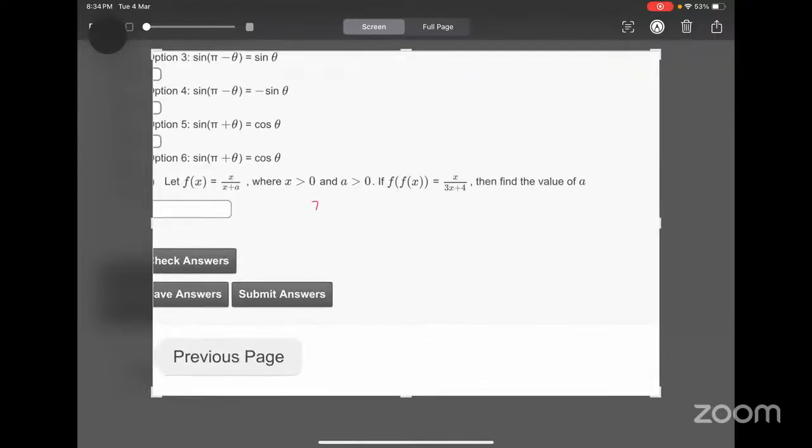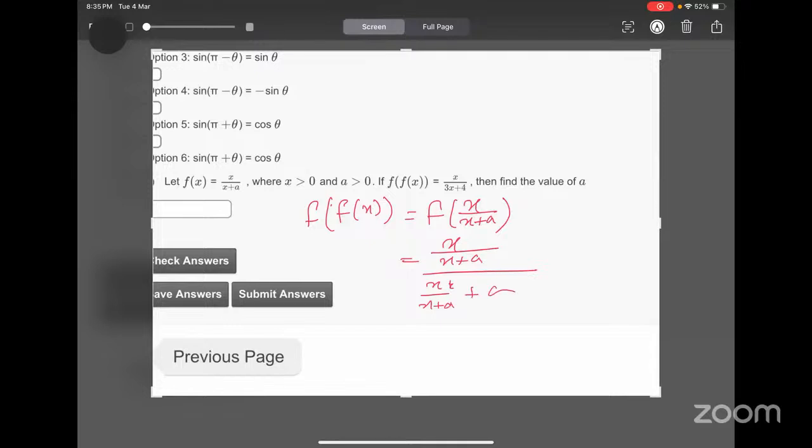So what will be f of f? f of f will be x by x plus a divided by x by x plus a plus a. Right? Yes, madam.